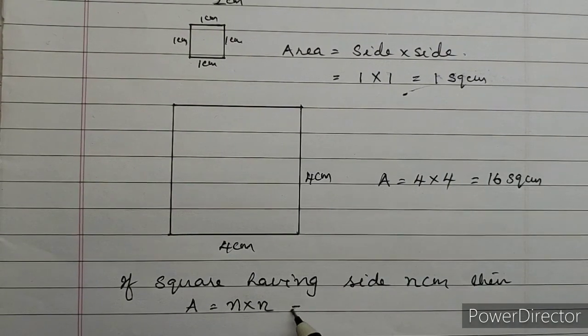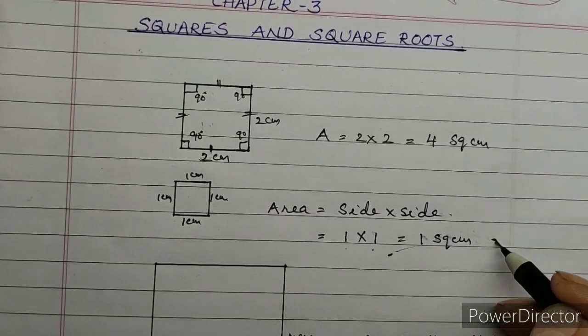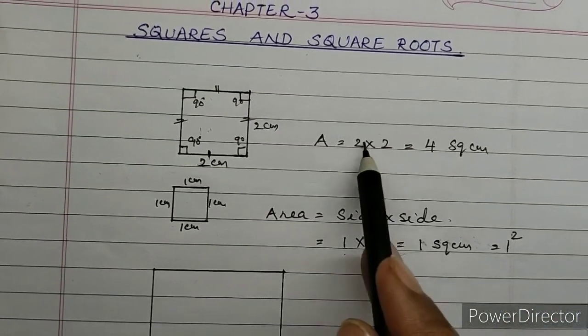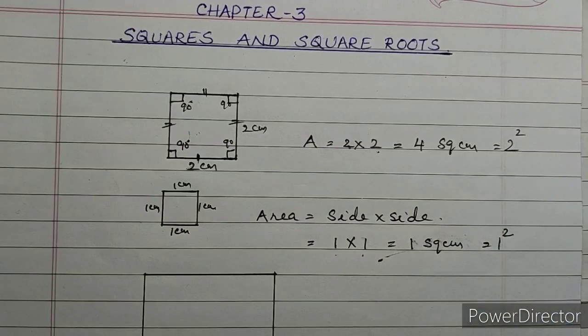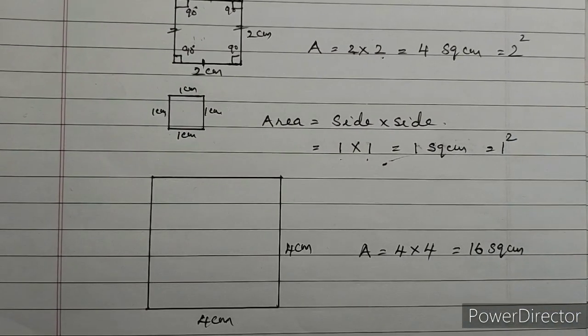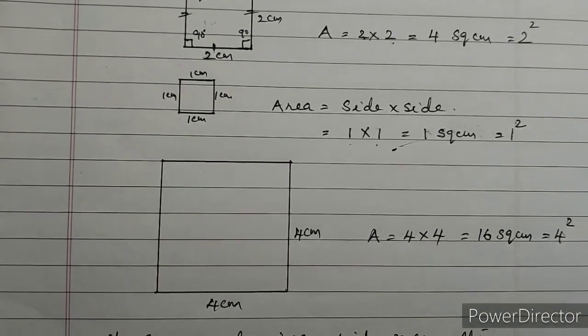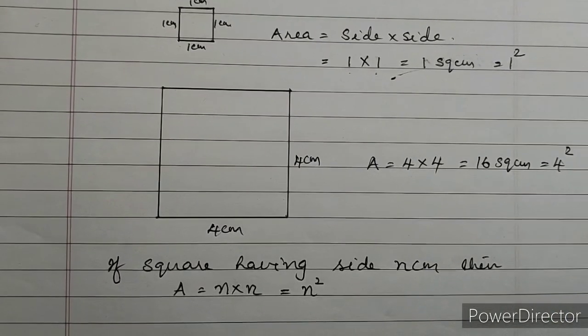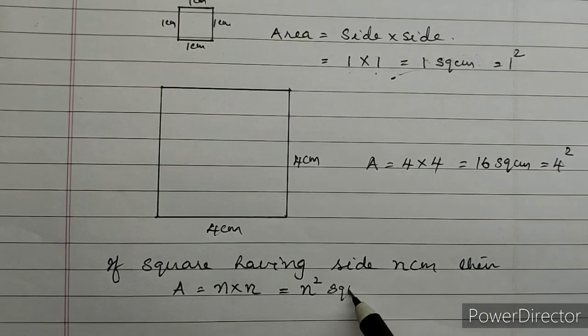N into n is n square. What is 1 into 1? That is 1 square. What is 2 into 2? It is 2 square. And what is 4 into 4? It is 4 square. So in general, a square having n centimeter side has area n square centimeter.